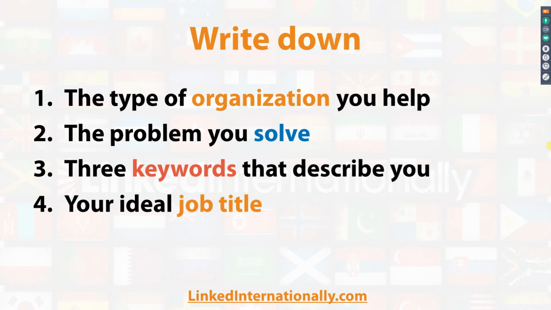We may just use 1, but if there are 3 that describe you, write them down. Other than your job title, write down your ideal job title, and this is something that you can play with a little bit, because if you're a director and you want to be a vice president, you can't really put vice president in your job title, but you do want to give some indication that you are of a certain level of seniority.